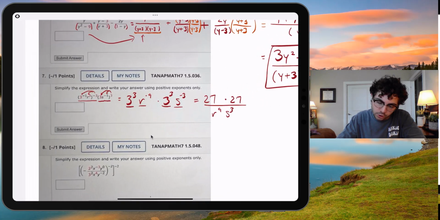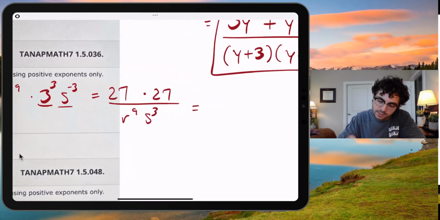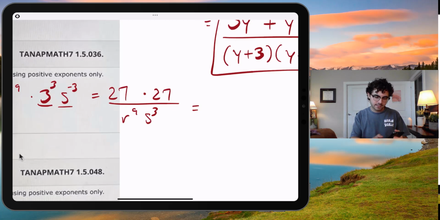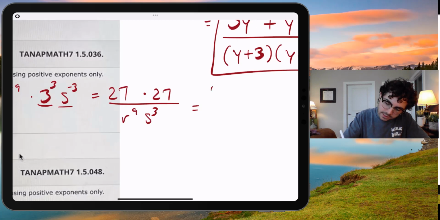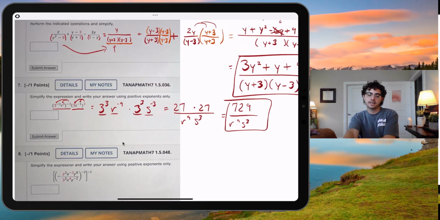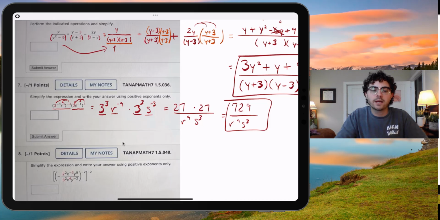And we're pretty much done at that point. We just need to multiply 27 times itself, and that will give us 729 over r to the 9th s cubed, and that's our final answer.